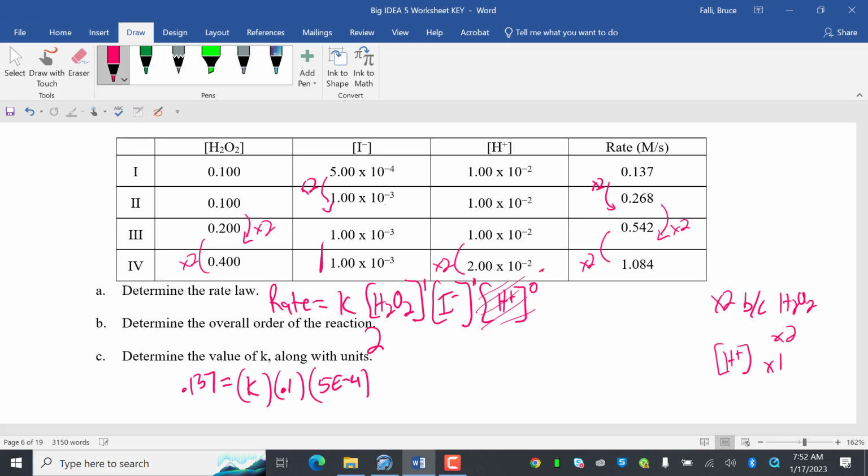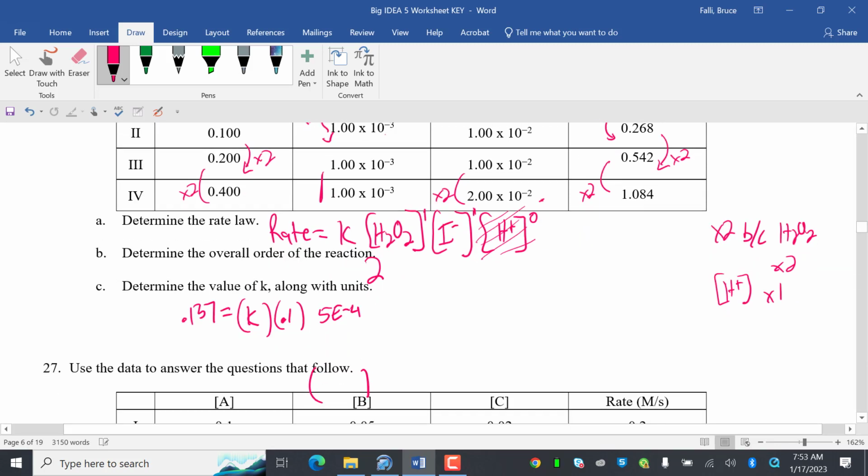And I'm going to leave out H positive because it's 0 order, which means it changes to multiplying it by 1. So calculators assemble. 0.137 divided by 0.1 divided by 5E negative 4 is 2740. I've got molarity squared, so it's going to be 1 over molarity seconds.